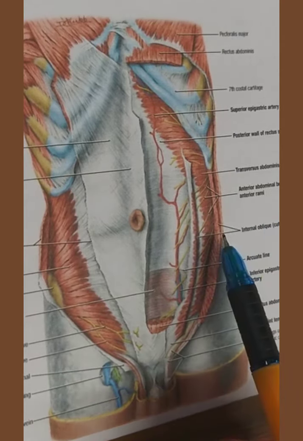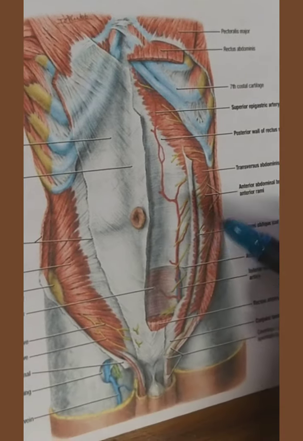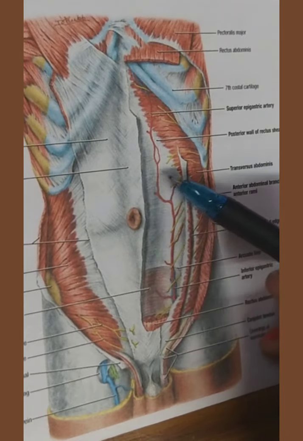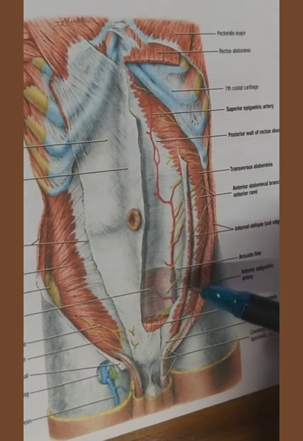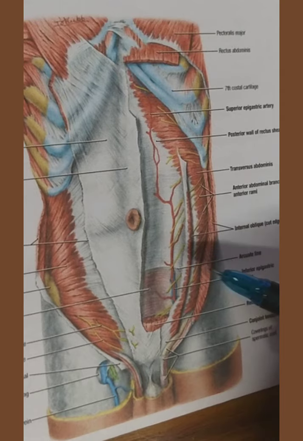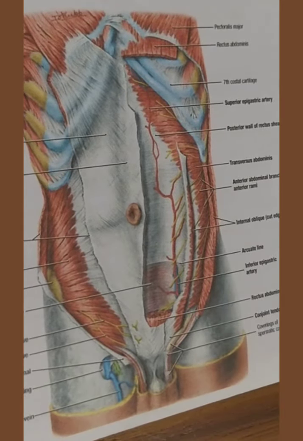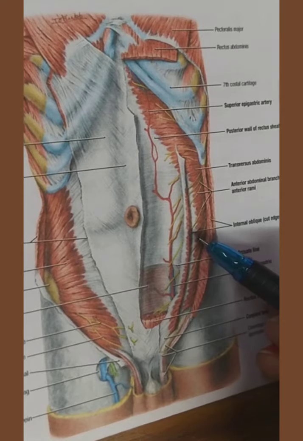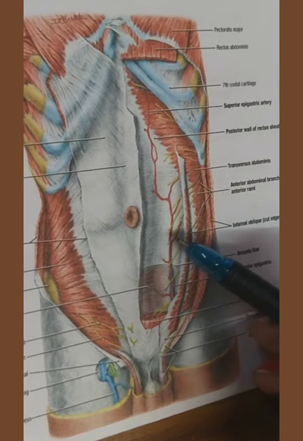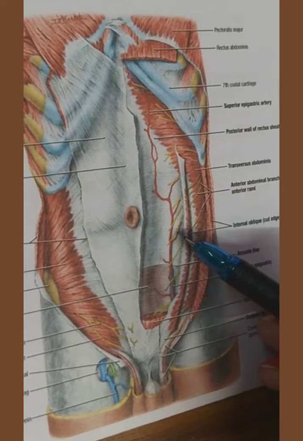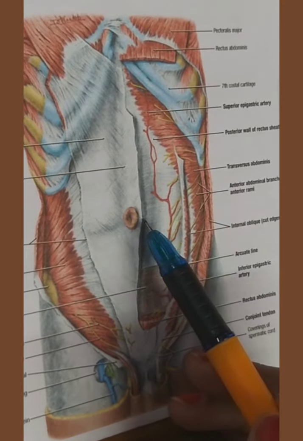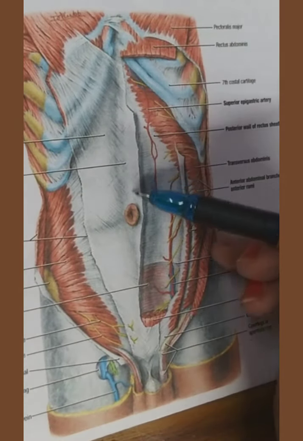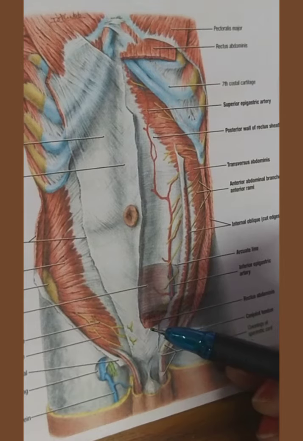On the lateral border of the rectus abdominis muscle this becomes aponeurotic, and this aponeurosis splits into anterior and posterior lamella and encloses the rectus muscle and gets inserted in the linea alba.